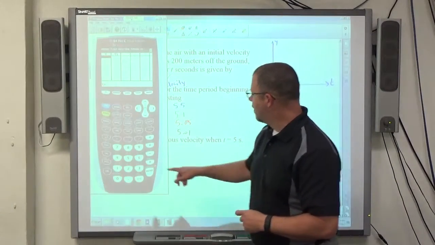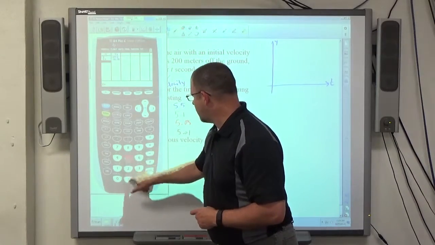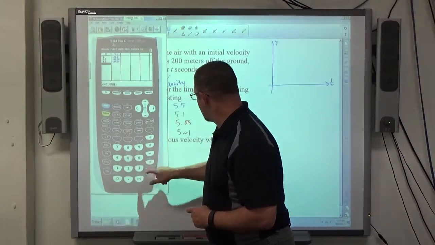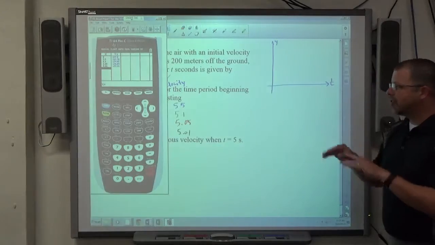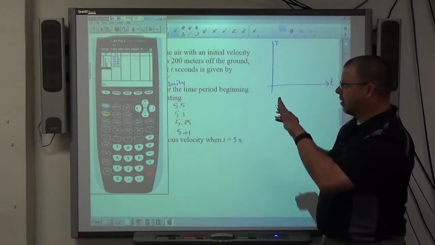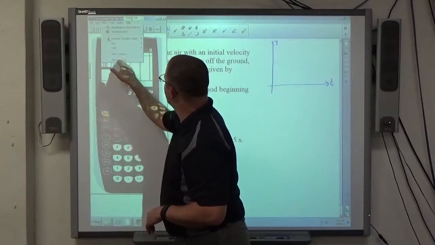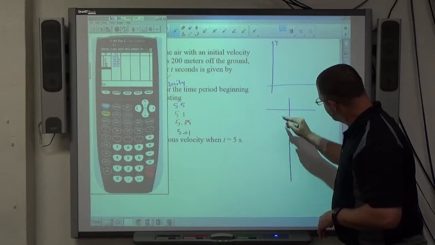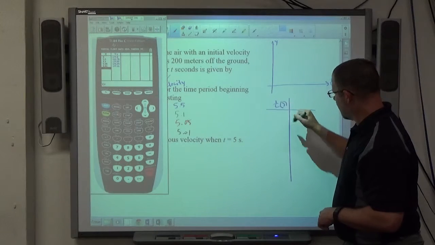So I've got 5, 5.5, 5.1, 5.05, and 5.01. That chart is an XY chart, and specifically it's a TY chart because that's what we're using. So if I make a chart here, time in seconds, that's an S.